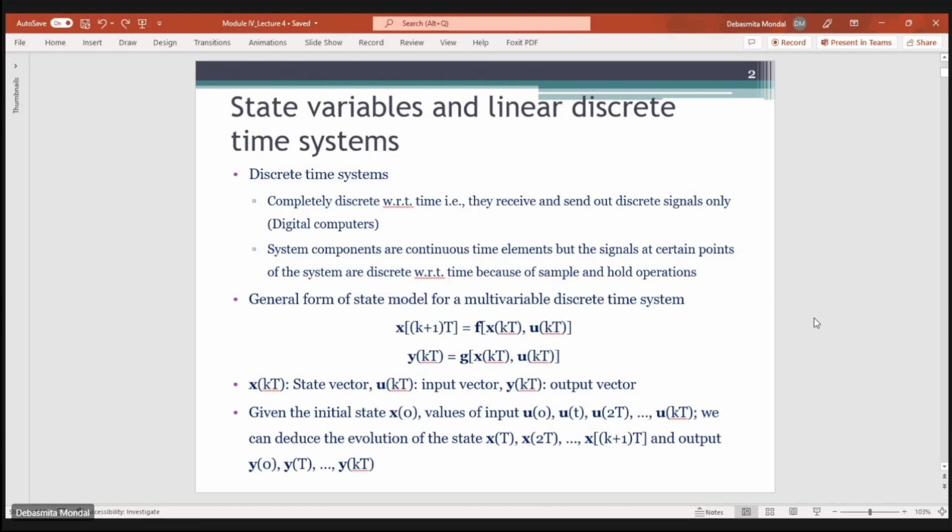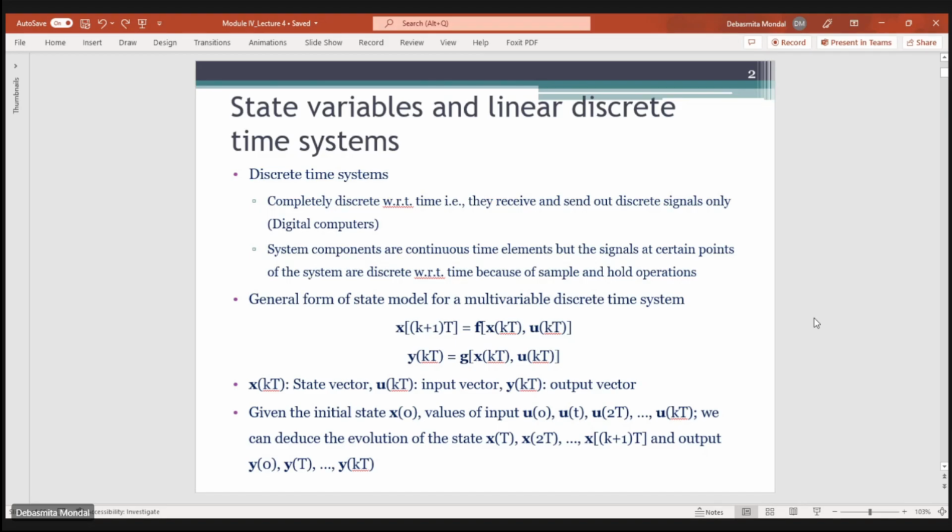Even though the actual signal coming in is continuous, we discretize it using a sample and hold operation, so that at the output we get the signal in the discrete domain.